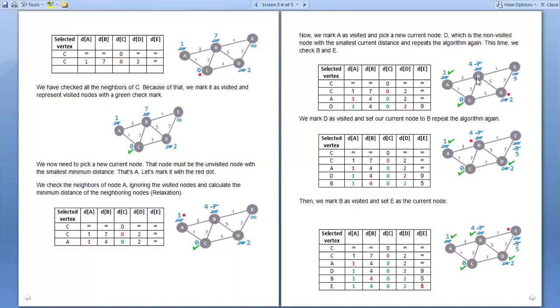The unvisited neighboring node of B is only E. Between B and E the cost is 1 and the current value of E is 9. So 4 plus 1 is 5, which is less than 9. So B relaxes E, and the value of E is 5.